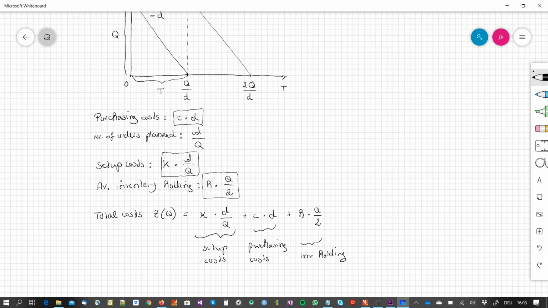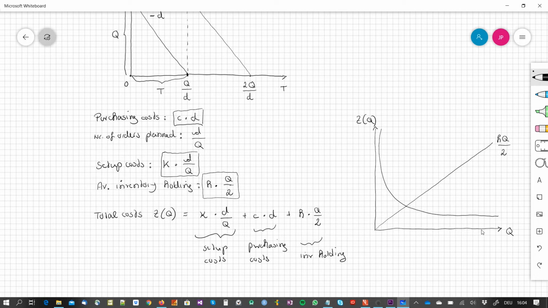If we draw these functions, or the different cost functions, we get this picture where we have the total costs on our y-axis and the order quantity on our x-axis. So the average inventory holding is the following linear function. And then we have the setup costs, which are a function of Q as well, in the denominator.